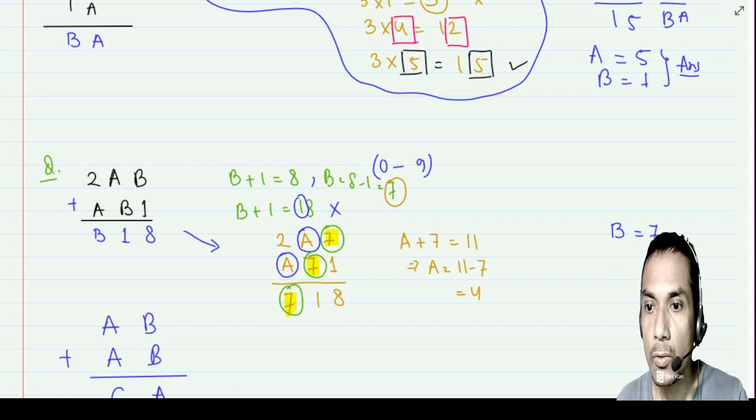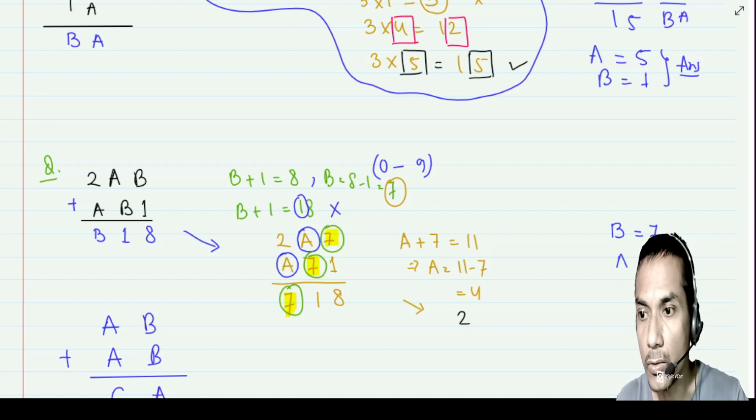So now you can finally get all the values. A is equal to 4, right here. For further confirmation, you put the values: 2, A is 4 and 7, 4, 7, 1.